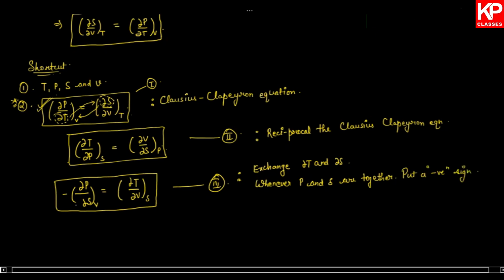Similarly, for the fourth Maxwell relation, you just have to do the reciprocal of the third relation that we obtained, and you will be getting the fourth one. So simple enough: del S by del P is equal to del V by del T, and it will be at constant temperature, and at constant pressure.